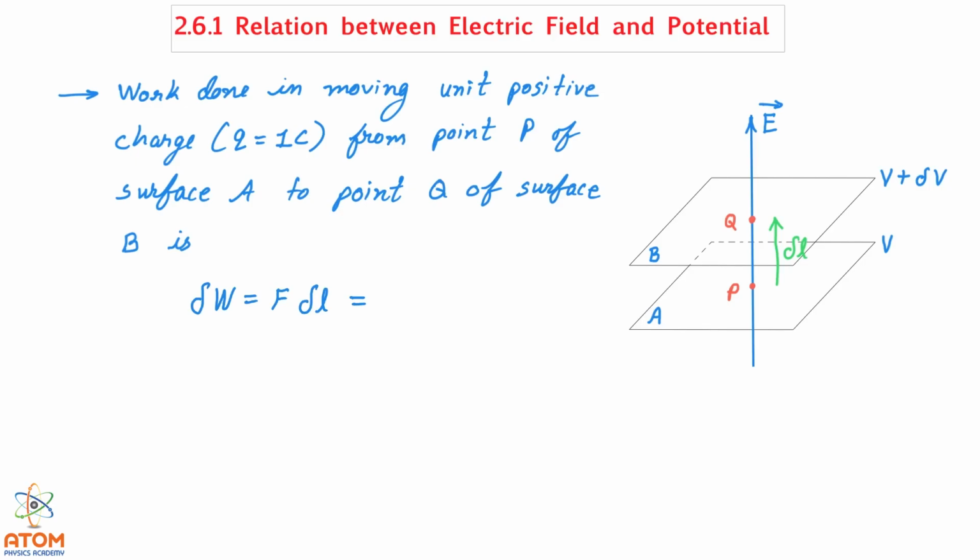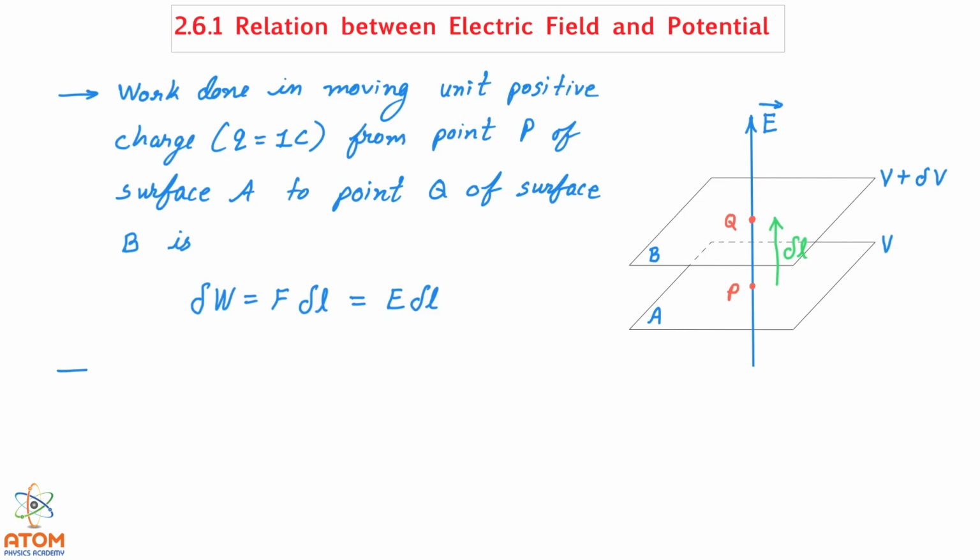But generally the force on a unit charge in an electric field will be E itself, because the equation of force on a charge in an electric field is F is equal to QE, but Q is 1, that's why F will become E itself. So this is E dl.